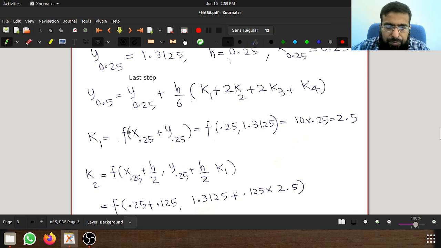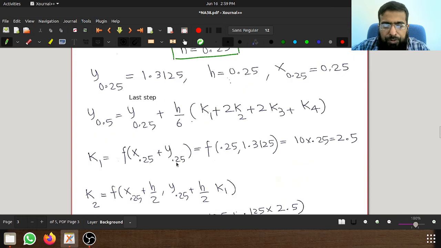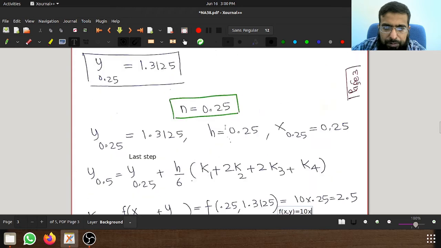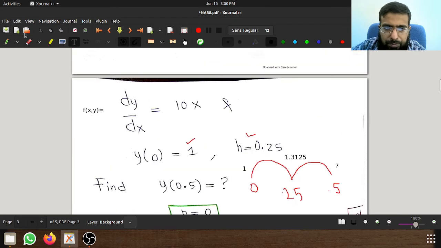K1 is f of xn, yn, where n is 0.25, x is 0.25, y is 1.3125, and we know that f of x, y is 10x.